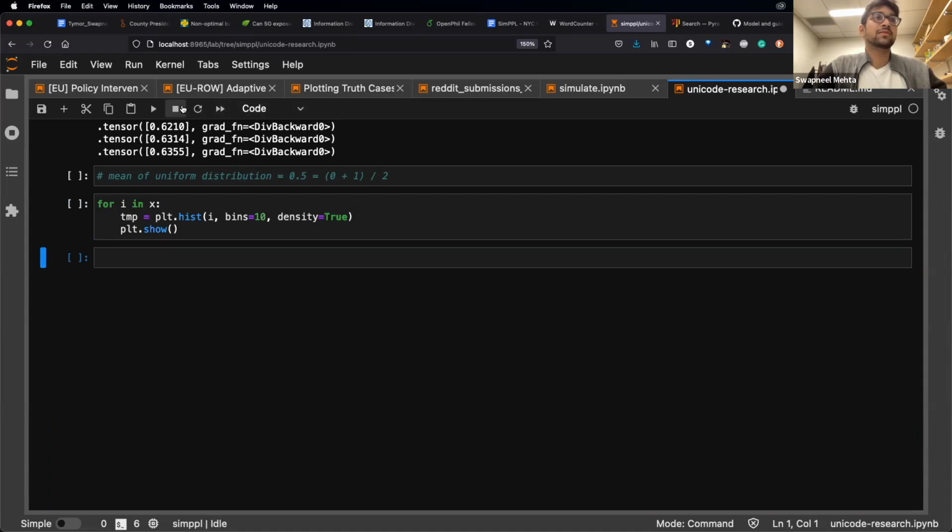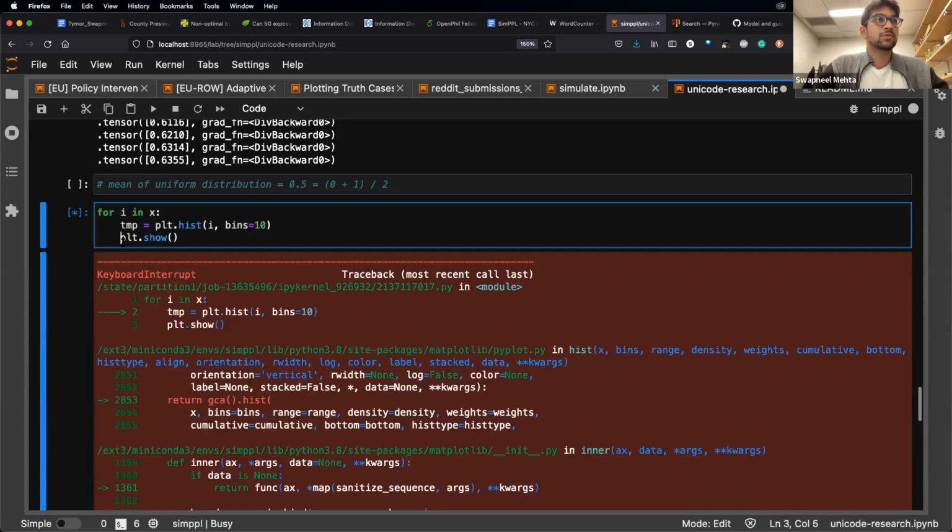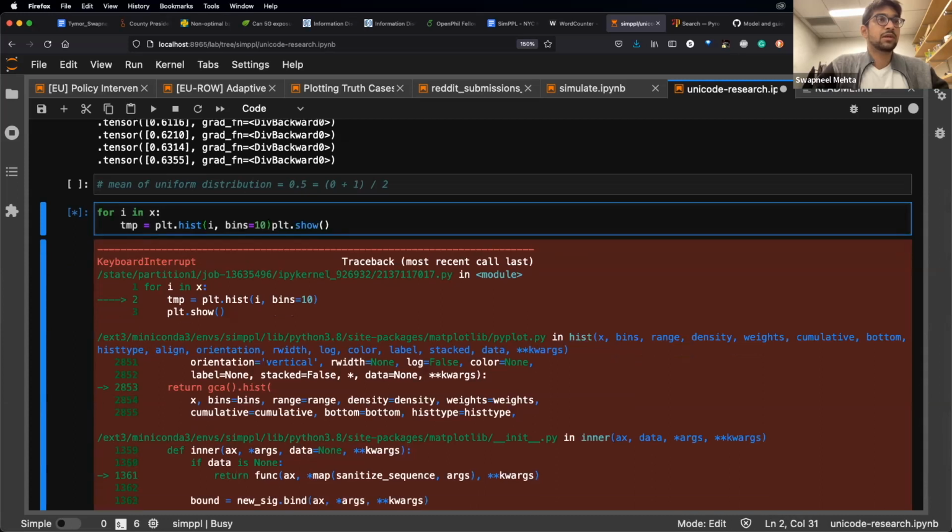Or maybe just stupidly, maybe I should remove density equal to true, or at least get to a point where I'm plotting stuff. Because I've plotted stuff like this before. It's not optimal, but it works. Very weird. Should I not add plt.show until the end?